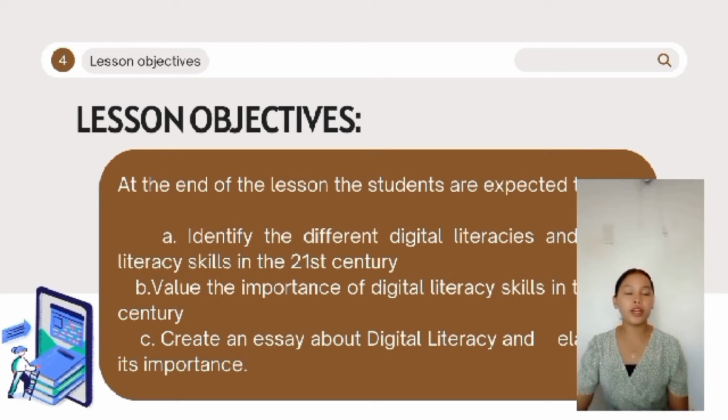For our second objective, value the importance of digital literacy skills in the 21st century. And for our last objective, create an essay about digital literacy and elaborate its importance.